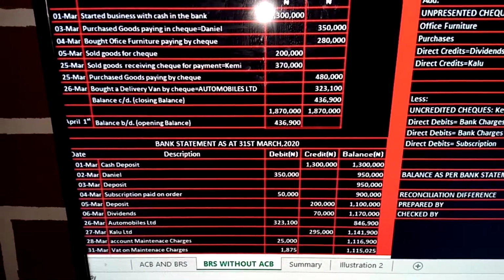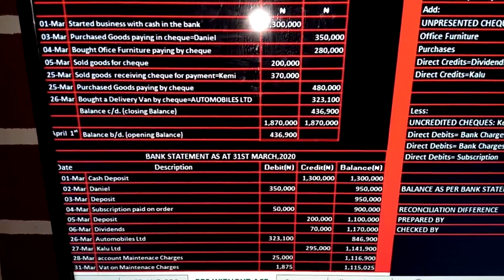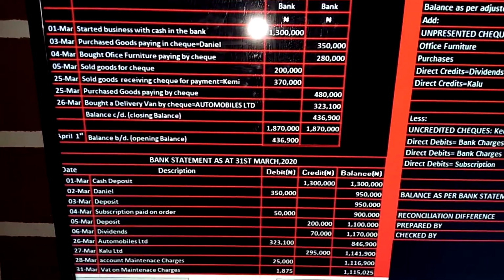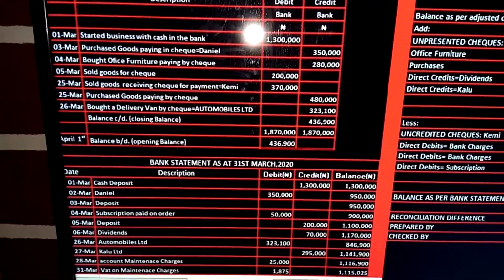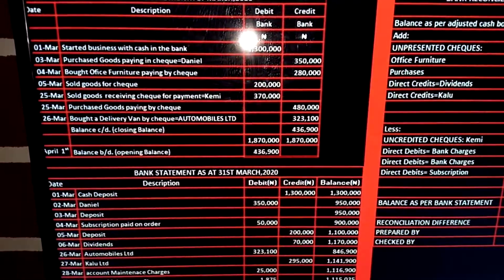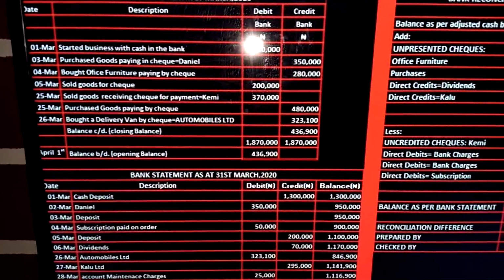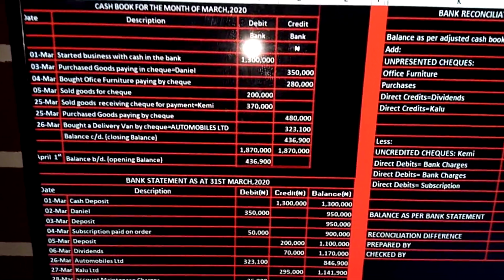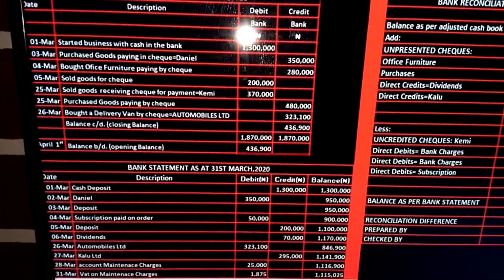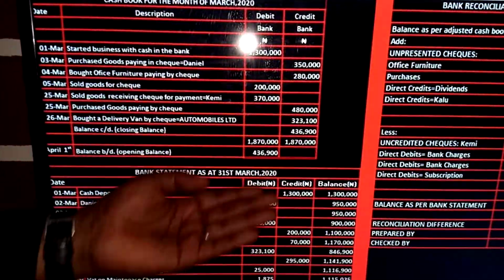So you can do it, but remember you are adding anything that is expected to increase the cash book balance, and you are deducting anything that is expected to decrease the cash book balance. That's the idea. The idea is that I want the cash book balance to be the same thing with the bank statement balance. So anything that should increase the cash book balance, you add. Anything that should decrease the cash book balance, you deduct.